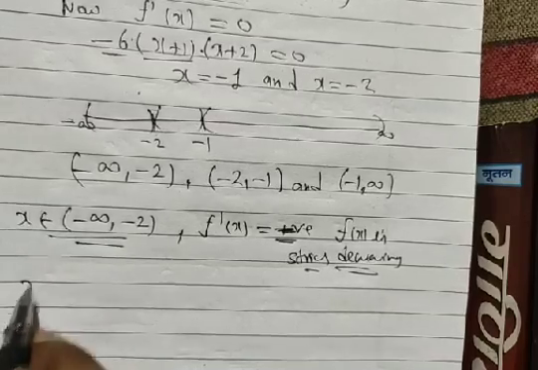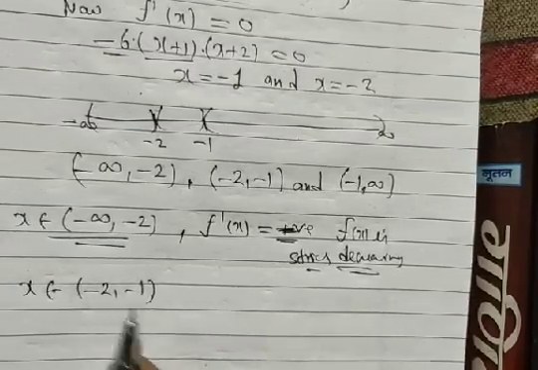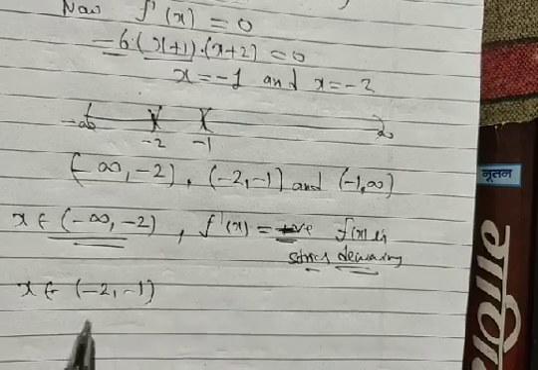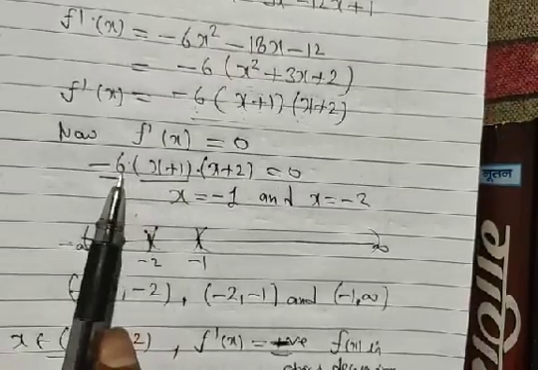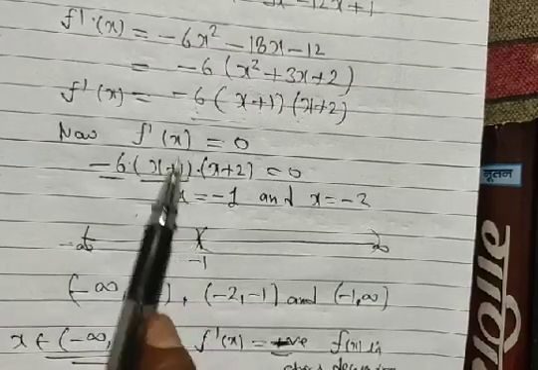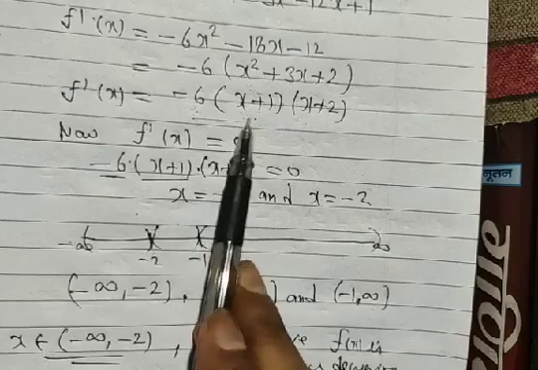Now when our x belongs to minus 2 to minus 1, x lies between minus 2 and minus 1. Then the minus 6 is negative, and x plus 1 is also negative here.